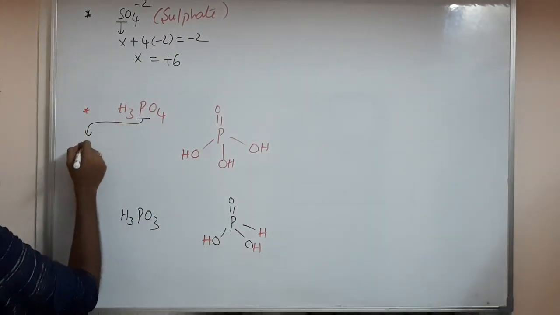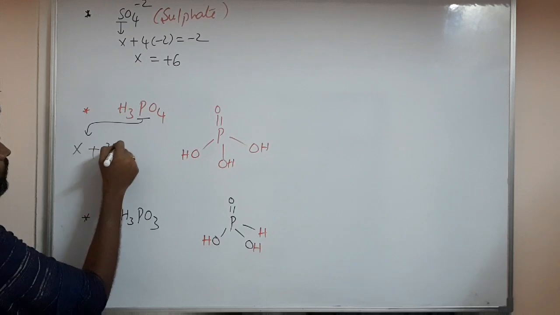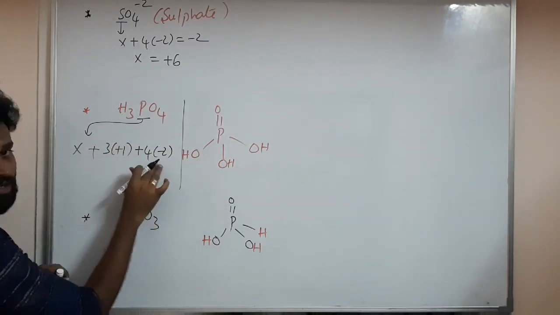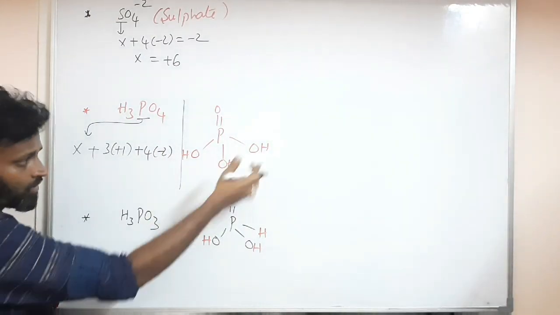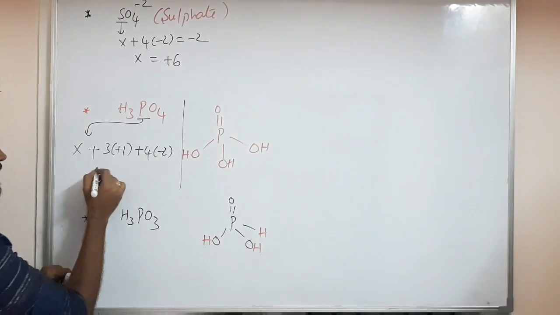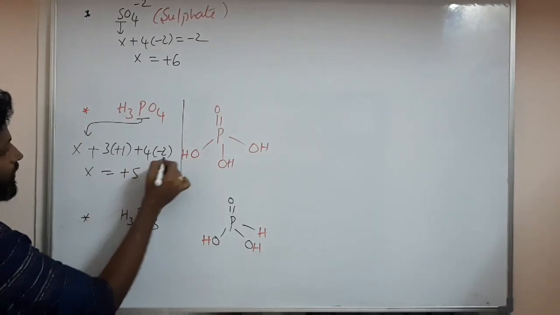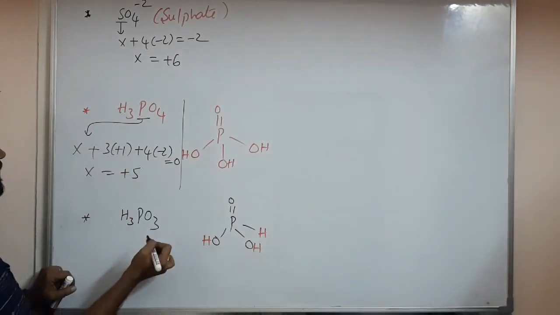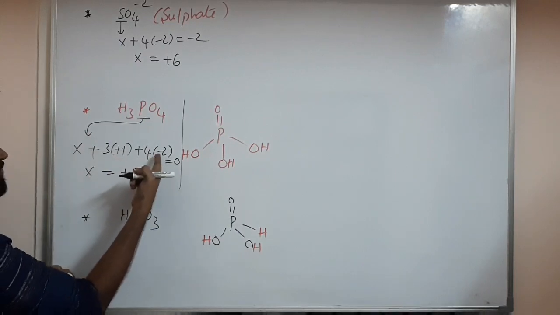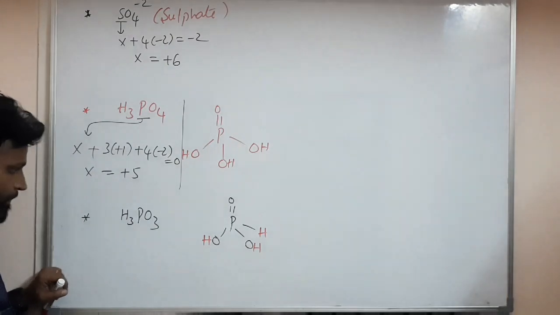So phosphorus I will consider as x plus 3 into +1 plus 4 into -2. Why am I not writing peroxy? There is no peroxy bond. Peroxy means O-O. Then x equals +5. Oh, equal to 0, sorry. What am I doing? 3 hydrogens, 3 into +1, 4 into -2: -8 plus 3, I will get +5.